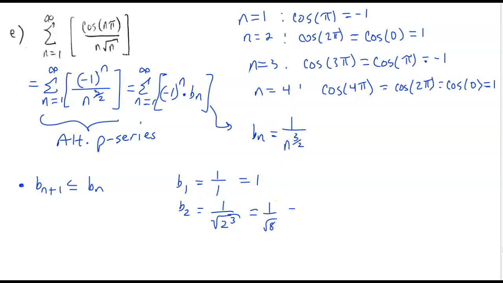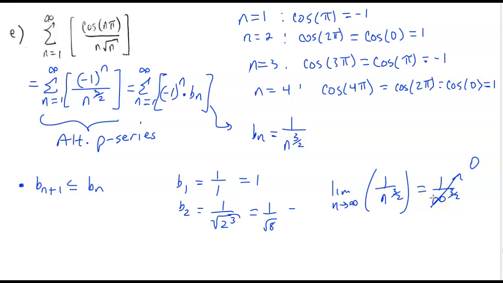My point here is that we do see that b sub n plus 1 is less than or equal to b sub n for all values of n that we're considering. That's one thing. And then, the limit as n approaches infinity of 1 over n raised to the 3/2, if I plug in infinity, that's going to 0.